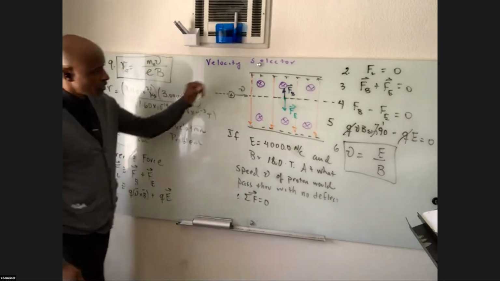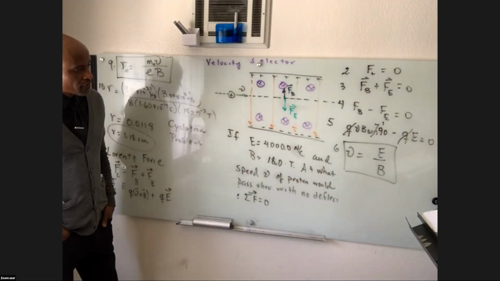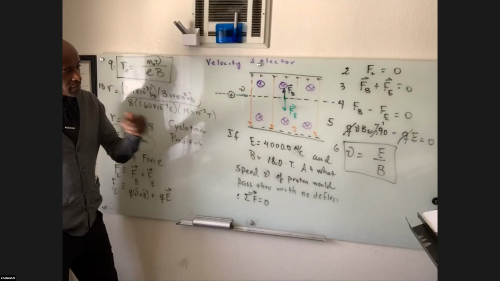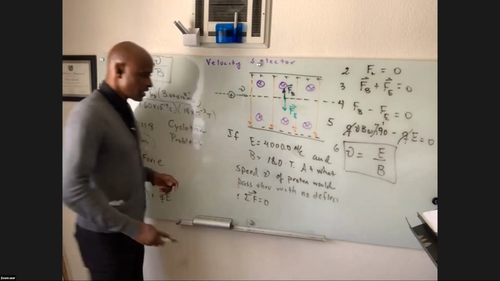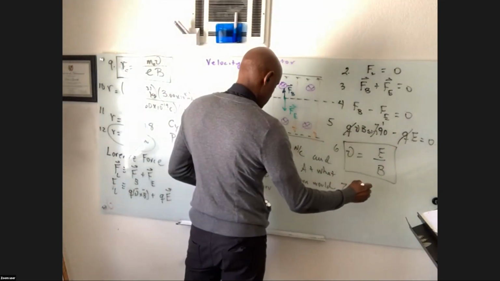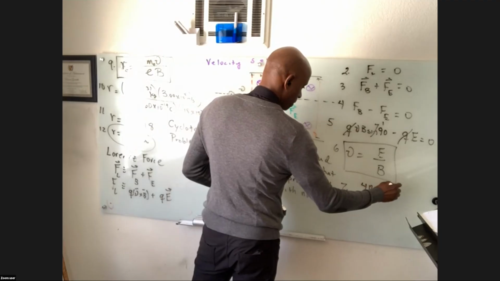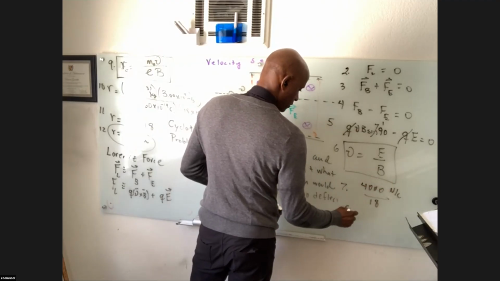It's not that we actually control E and B. So really, those are the values of the fields such that they would allow that particular speed to go through. So if you put it in, you're going to get 4,000 basically divided by 18.